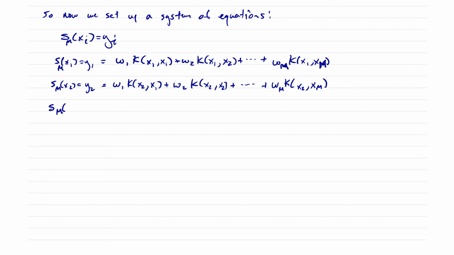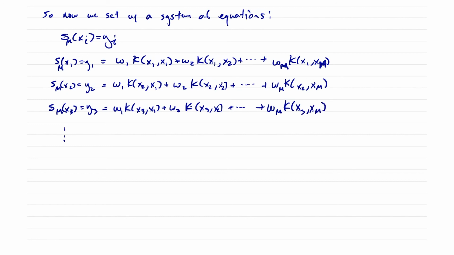Then s of x3 is equal to y3, which is equal to w1 k of x3 x1 plus w2 k of x3 x2, all the way up until wm k of x3 comma xm.